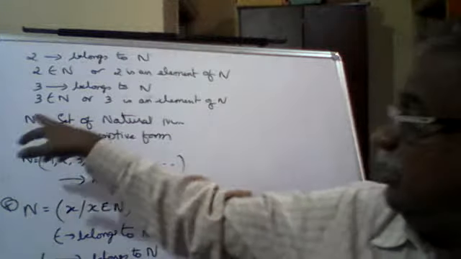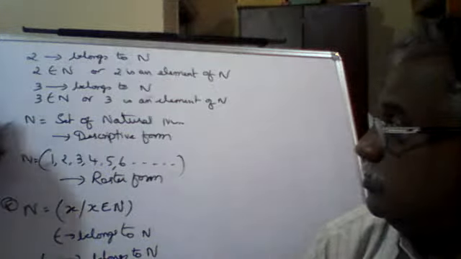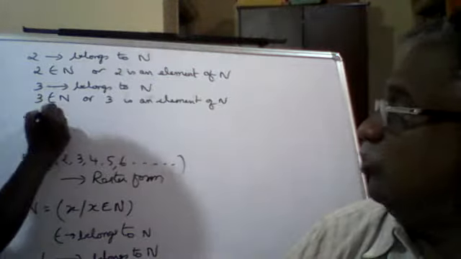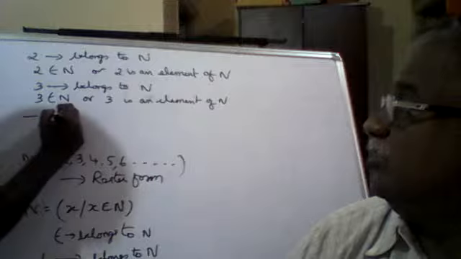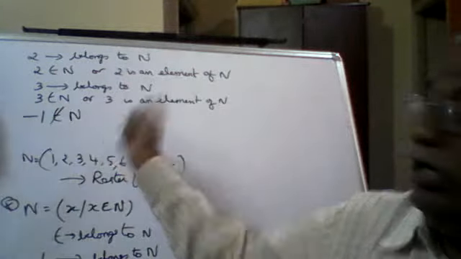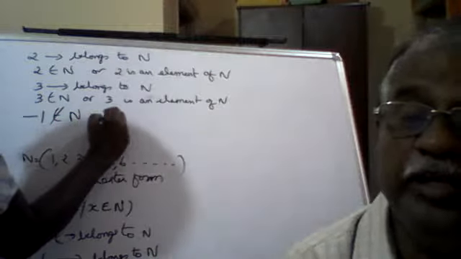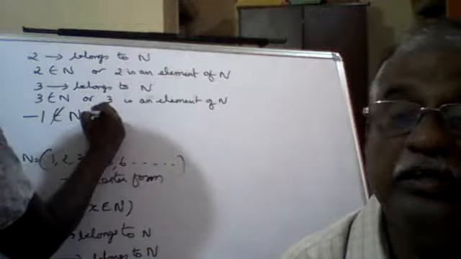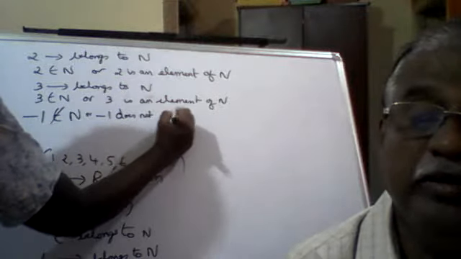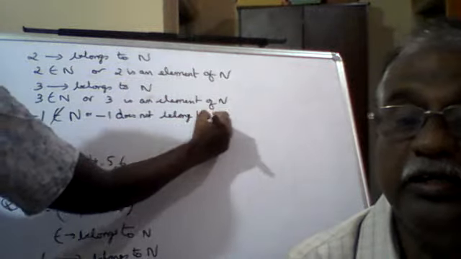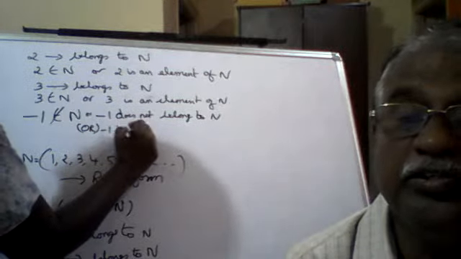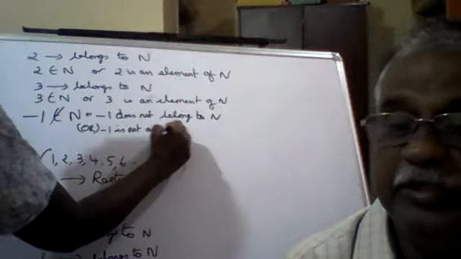You write the first one: N equal to... Write -1 and put the ∈ symbol and cancel it. Put the ∈, strike over it, and put N. So you write -1 does not belong to N. Or simply you can say -1 is not an element of N. So now you understood what is meant by element.